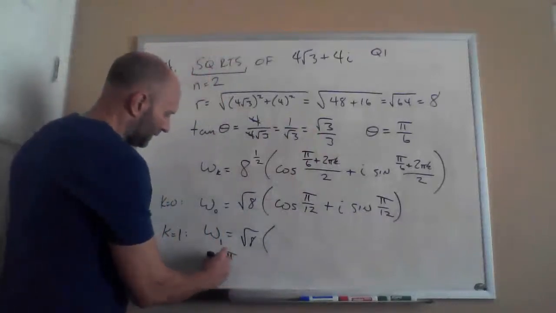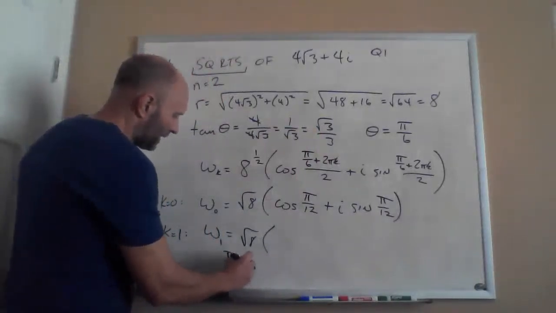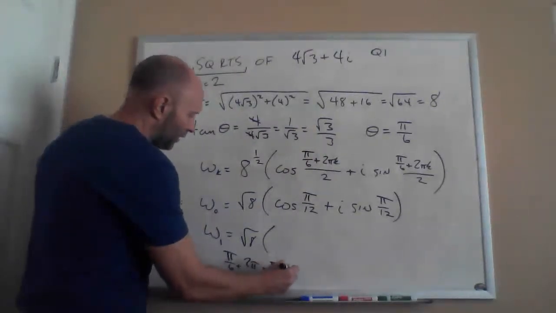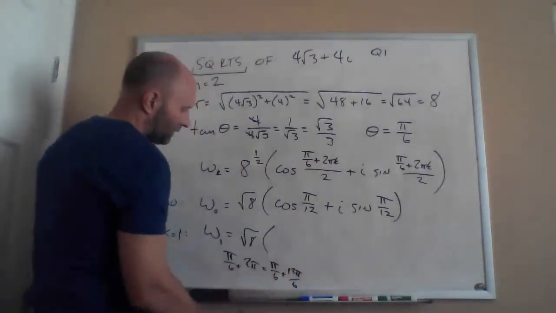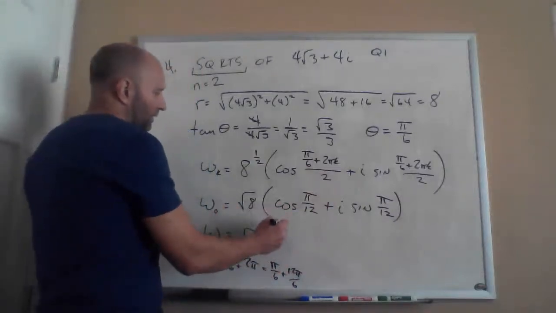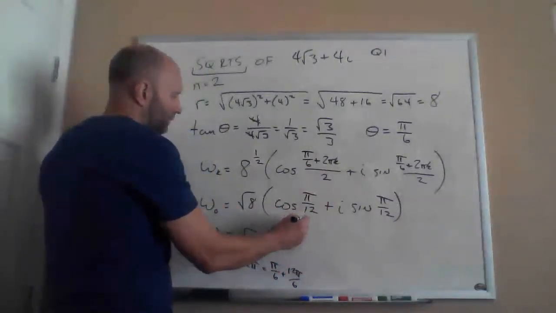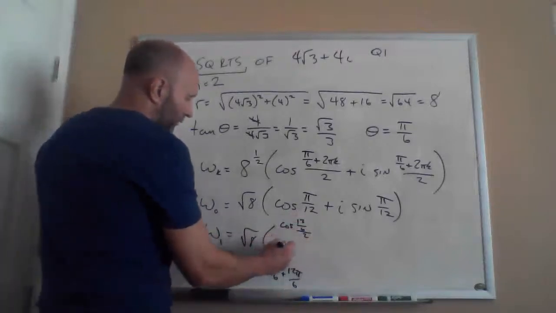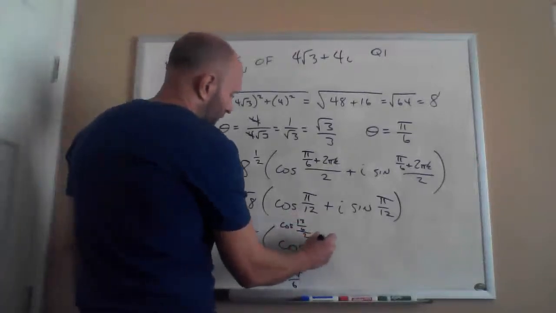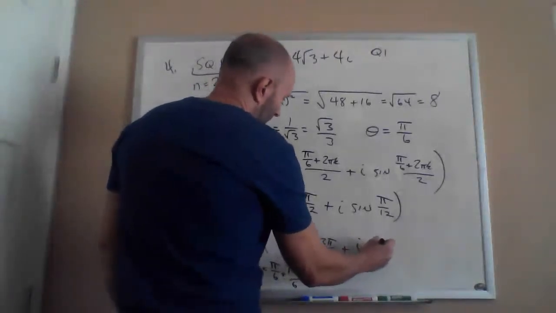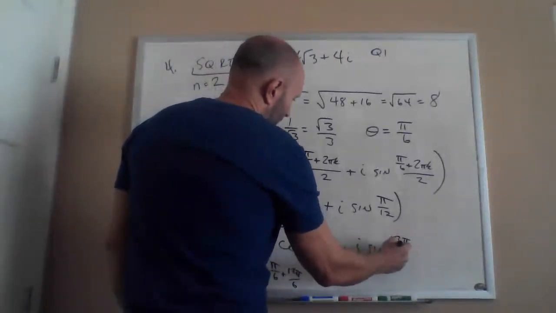So pi over 6 plus 2 pi is pi over 6 plus 12 pi over 6, which is 13 pi over 6. So it's cosine of 13 pi over 6 divided by 2. So this ends up becoming cosine of 13 pi over 12. And again, I'm going to have the same value for the sine part.